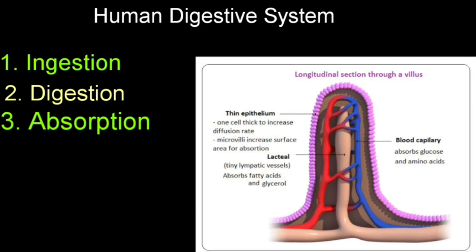These villi have blood capillaries in them. The digested food can pass through the thin walls of intestine and enters into the blood through the capillaries.